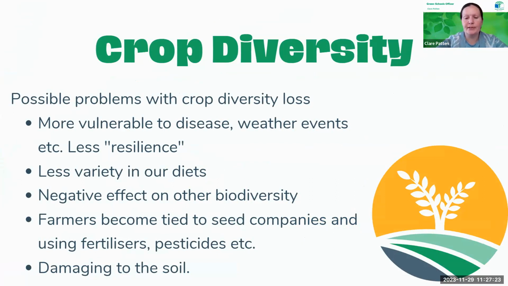I said at the beginning with biodiversity that the more different types of things there are, the stronger the overall strength of the habitat is. A really good example is the potato famine in Ireland, where there was just row after row of potatoes being grown.